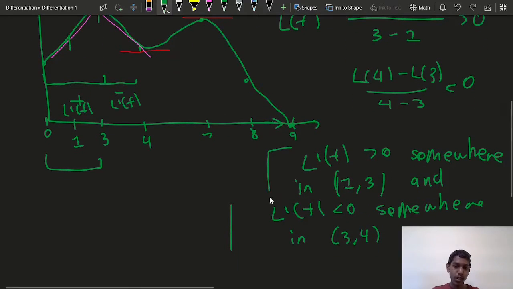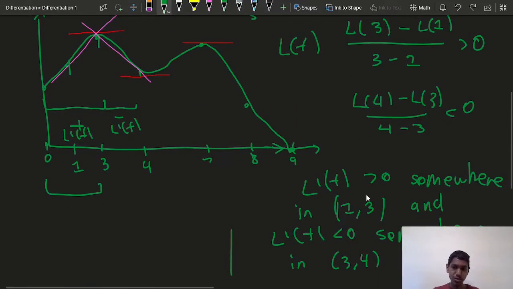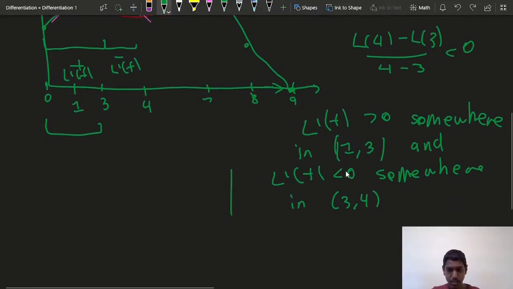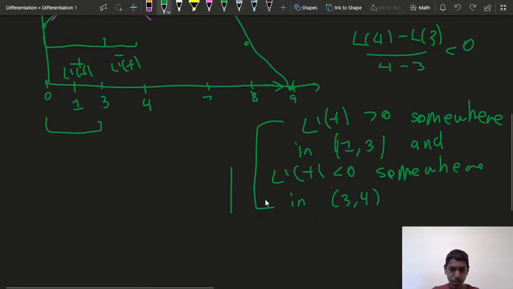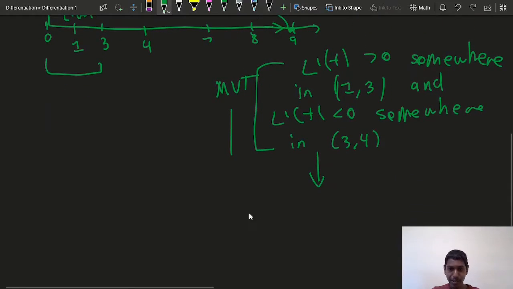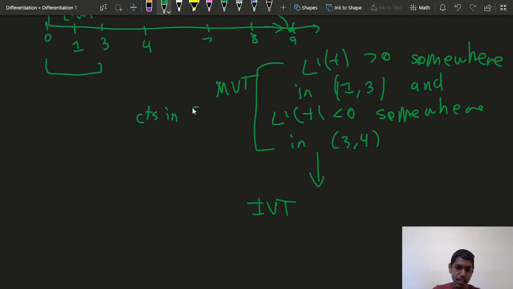And you may not want to use this exact terminology in your explanation. I'm just abbreviating this so that this video doesn't take too long. So we know both of these things by the mean value theorem, right? So that means that by the intermediate value theorem, oh, and remember to check the conditions, right? For the mean value theorem, are we continuous in this interval from 1 to 4?